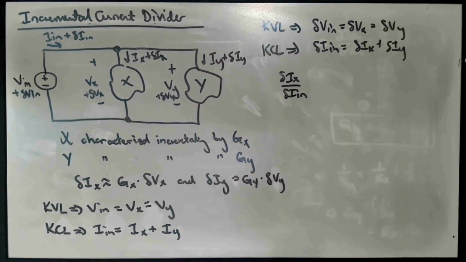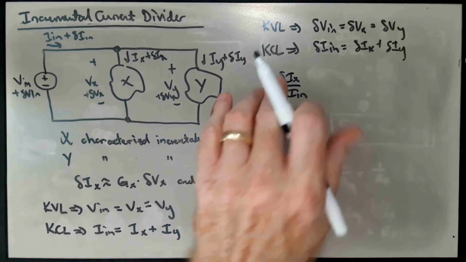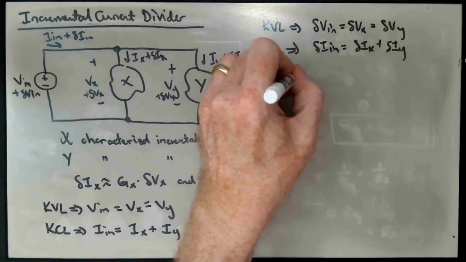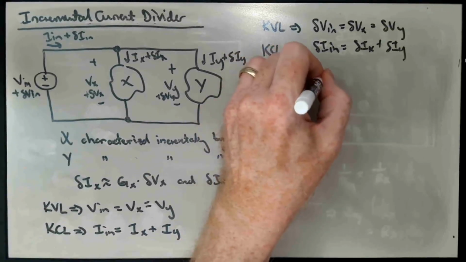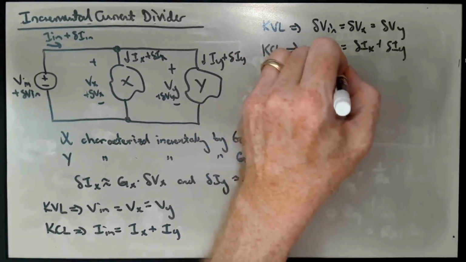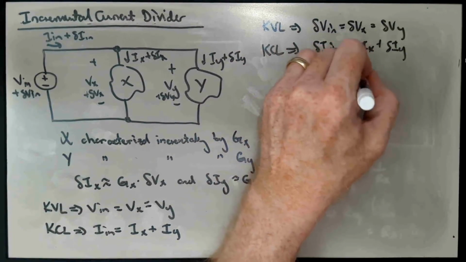And we can get that pretty directly. So we know that delta Ix from incremental Ohm's law is just equal to Gx times delta Vx.